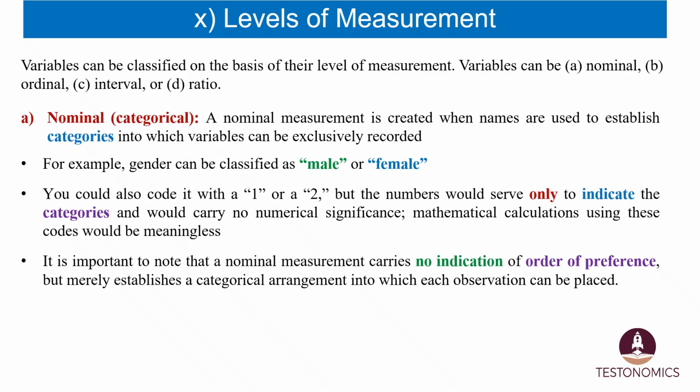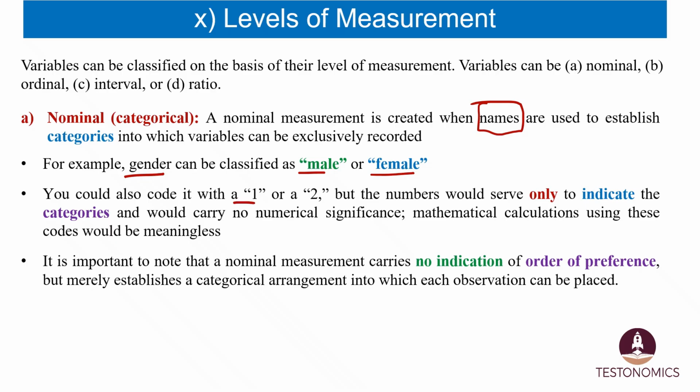So a nominal measurement is created when names are used to establish categories into which variables can be exclusively recorded. For example, we have gender. It can be either male or female or the third gender. So notice these are categories and we are saying that we are using names. Now, instead of names, we can also use mathematical codes.